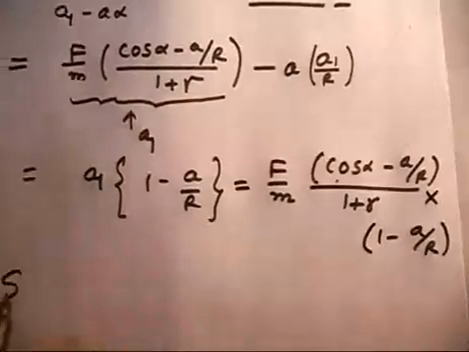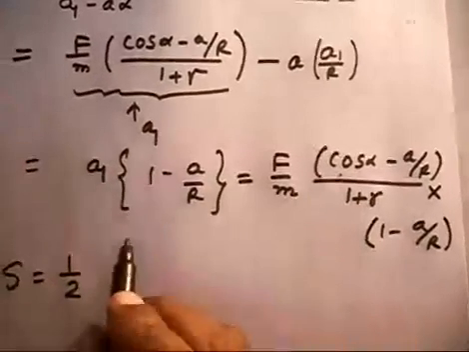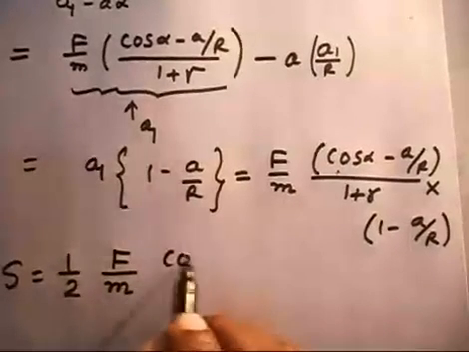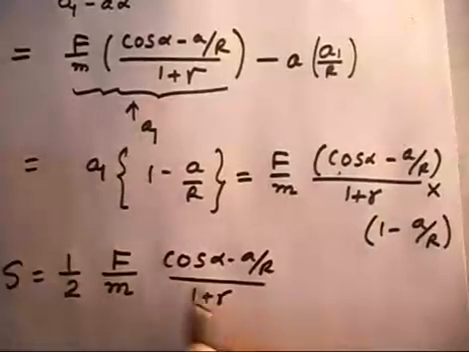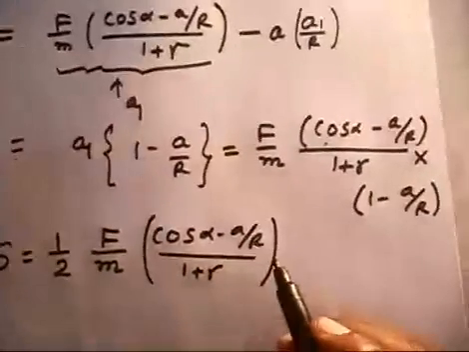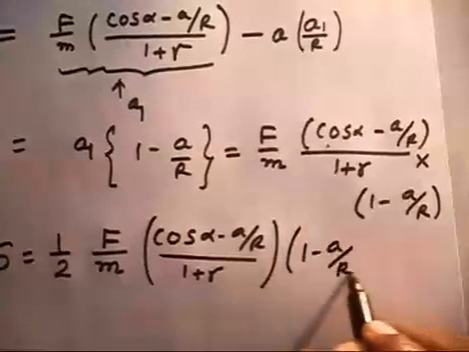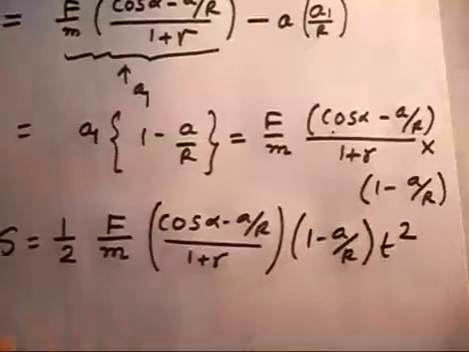So what is the distance traveled? That is half A1 t square. So this is half times F by m times cos alpha minus a by R, divided by 1 plus gamma, into 1 minus a by R, into t square. This is the distance traveled.